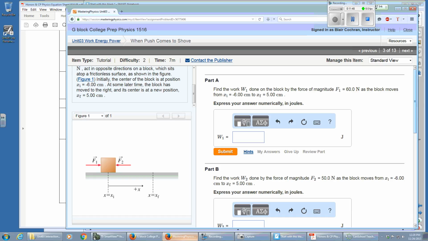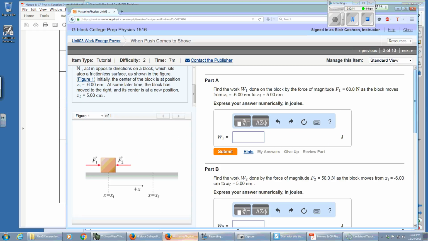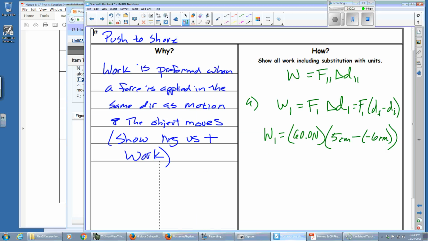So my delta D is my final position minus my initial position, and -6 is my beginning. So I've actually moved 11 centimeters, right? Oh wait a minute, that's centimeters. What do I want my units to be here? Probably joules, right? So I better change that centimeters to meters.